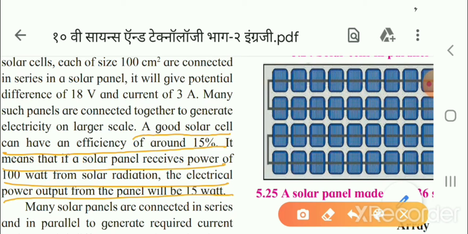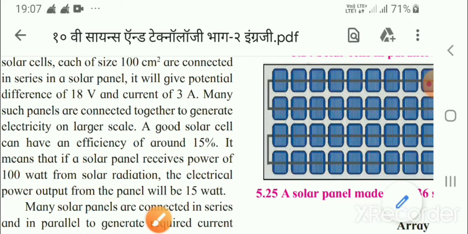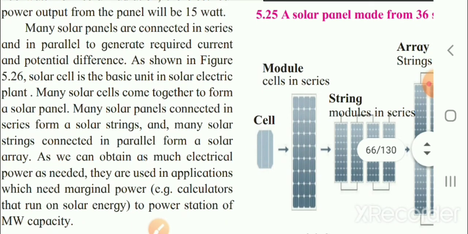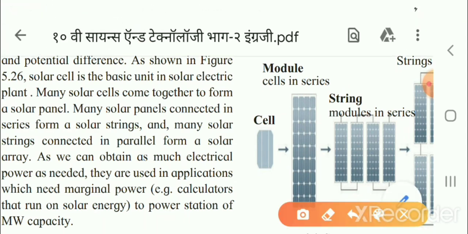Now we will see that many solar panels are connected in series and in parallel to generate the required current and potential difference.